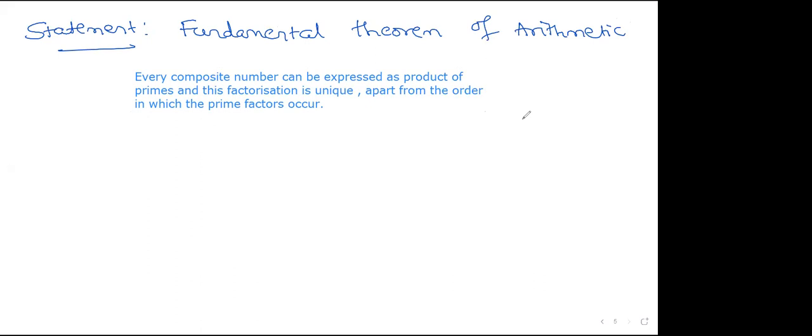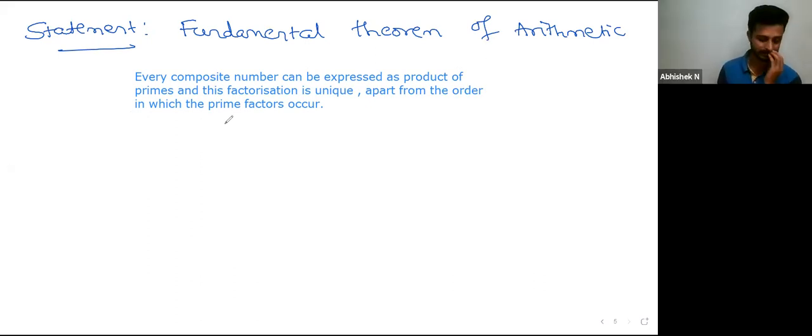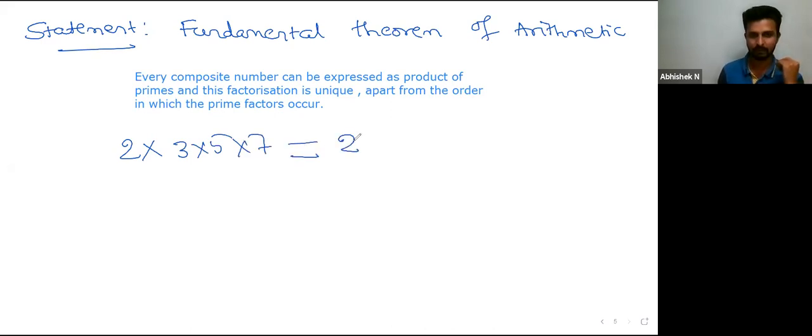So given any composite number, it can be factorized as a product of prime numbers in a unique way, except for the order in which the prime factors occur. Means, if I take a number whose factors are 2, 3, 5 and 7, it can also be written as 7 into 2 into 7 into 3 into 5.